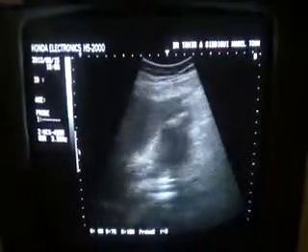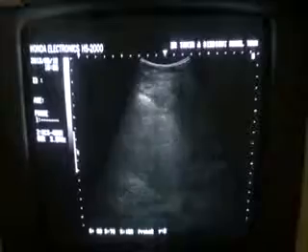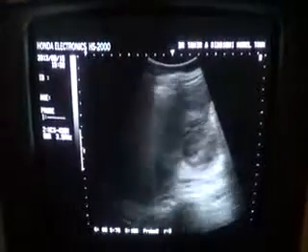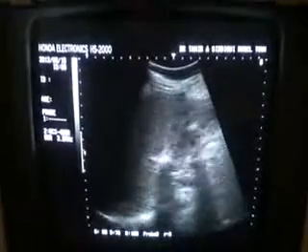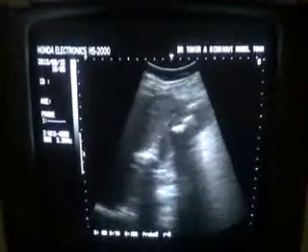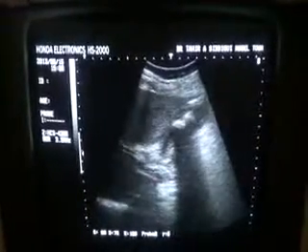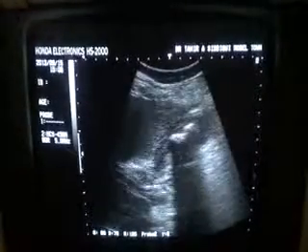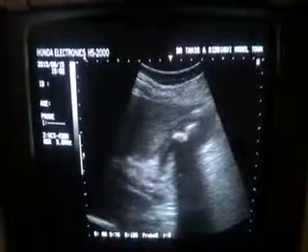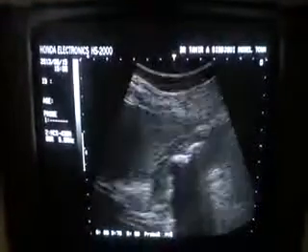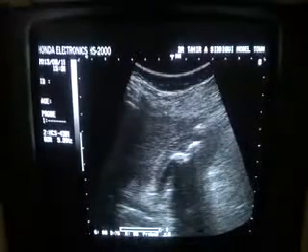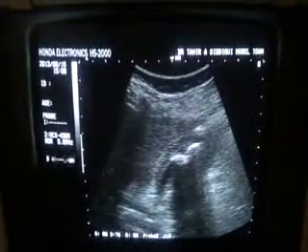Now when I move the probe in the intercostal space to evaluate the status of the gallbladder with the patient in supine posture, I can see there are multiple calculi within the lumen of the almost collapsed gallbladder.